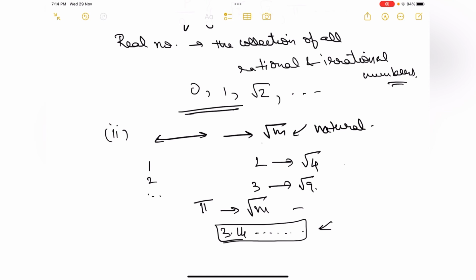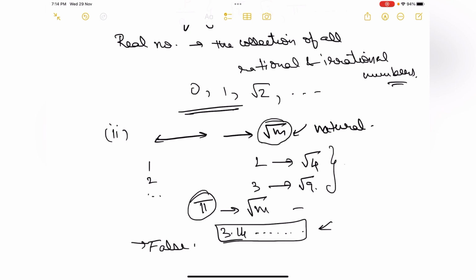Therefore, this statement is false. Even though we can represent some numbers like 2 and 3, we cannot represent other numbers like pi. Therefore, we cannot represent all numbers on the number line using the form of root m.